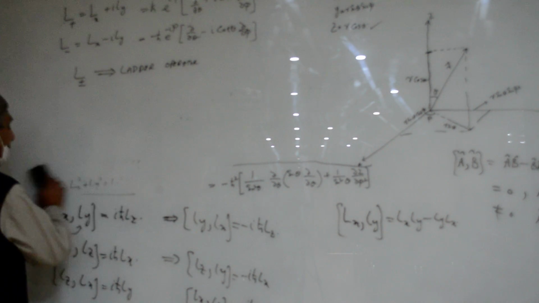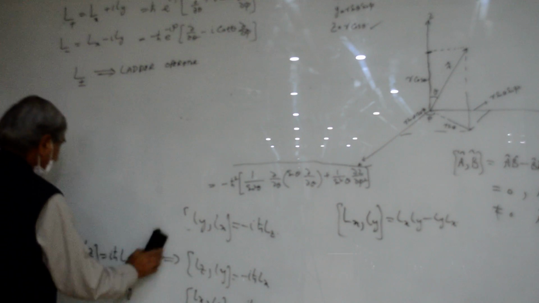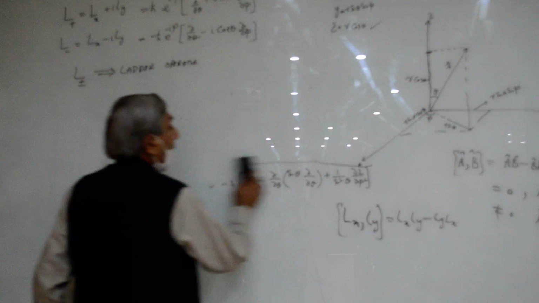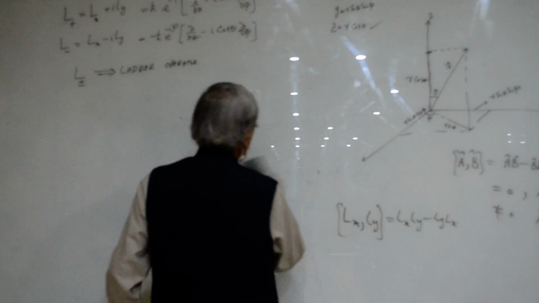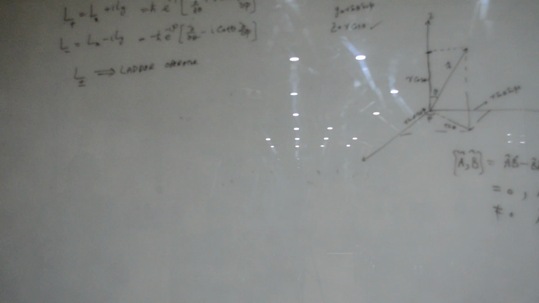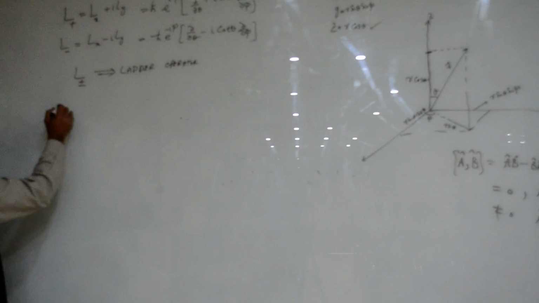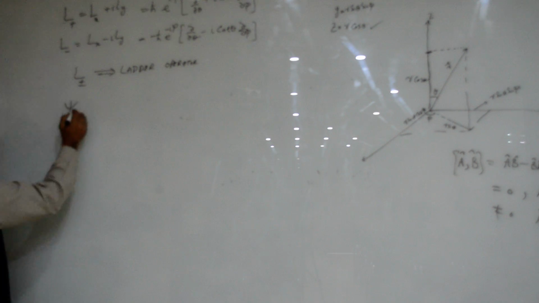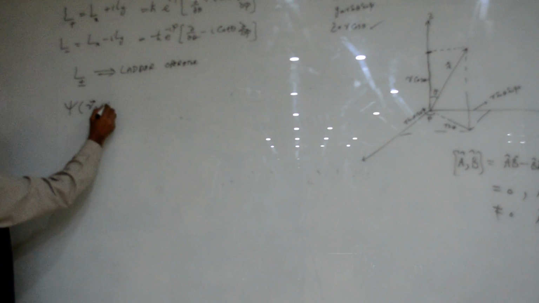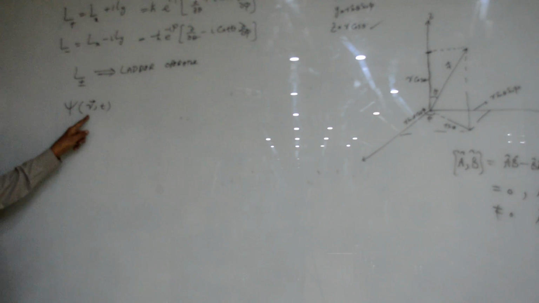When we started with the subject, I told you that one of the postulates says that the state of a system can be represented by psi of r, t. r is the position coordinate in 3 dimensions, t is the time coordinate.